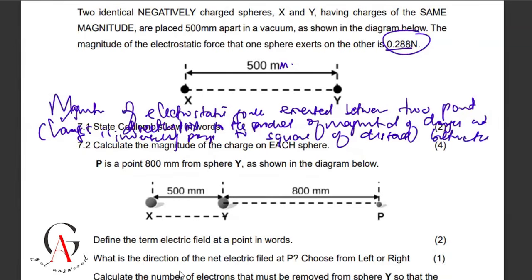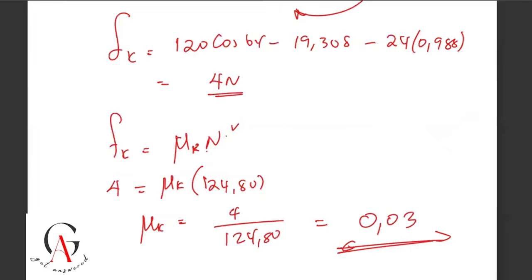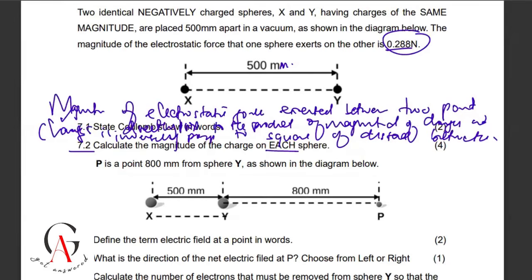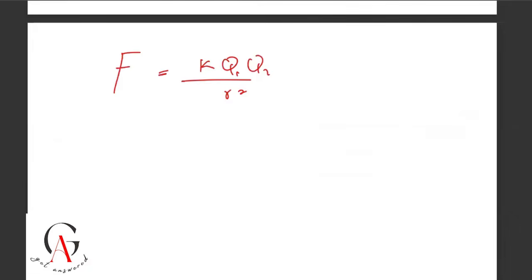All right. And 7.2, they want us to calculate the magnitude of the charge on each of the spheres. Now, one thing we know is that the charges have the same magnitudes. So we know that F should be k Q1 Q2 over r squared. So the force they gave us was 0.288. The k is 9 times 10 to the 9.